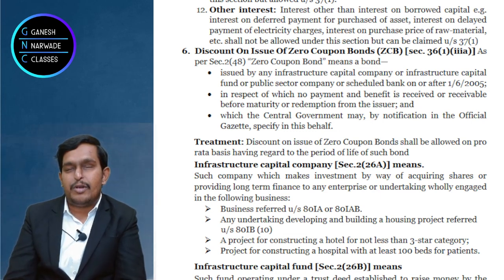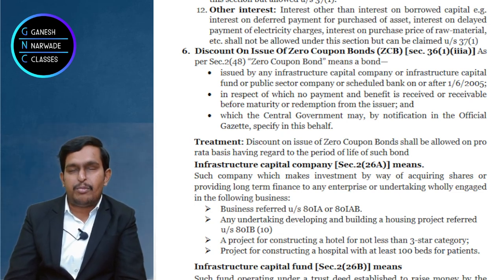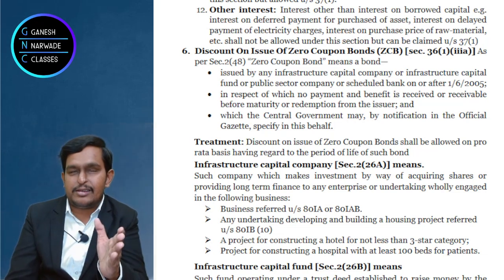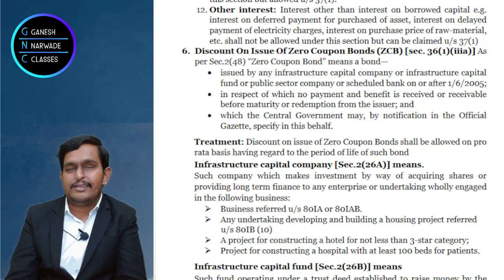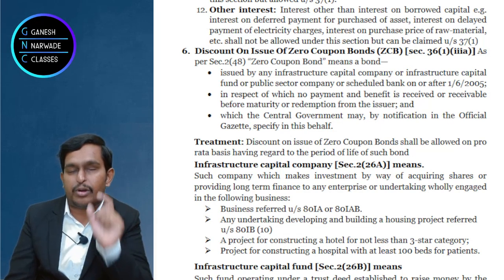Now you may be thinking, sir, suppose the zero coupon bond is issued on 20th of this month, so what about these 10 days? Should we consider this as a month or should we ignore it? The answer is ignore. They call it a month if it is 15 days or more.